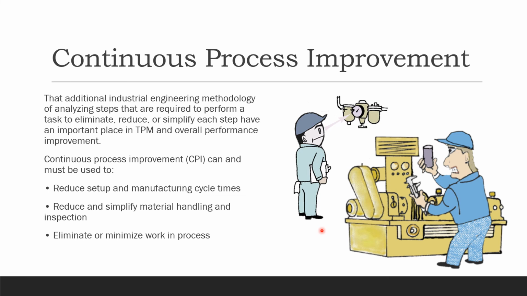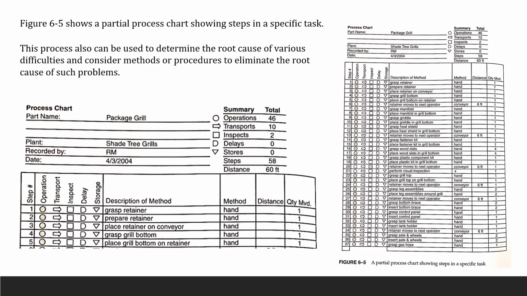Continuous process improvement, which we call CPI, can and must be used to reduce setup, reduce manufacturing cycle times, reduce and simplify material handling and inspection, and eliminate or minimize work in process. That's what we're hitting in order to improve the processes.